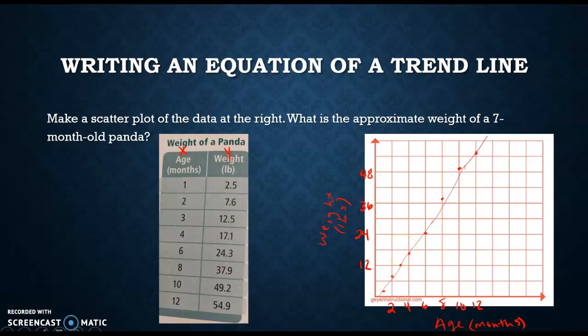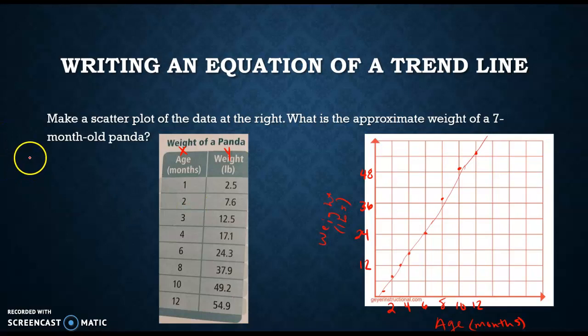What we're going to do now is we need to write the equation of that trend line. And so we need 2 points that are on that line. And it could be our scatter plot. It could be that we're just picking points that are on our line. Now, I'm going to go off the ones that are in the book. So it may not actually look like they're on our line on this graph.